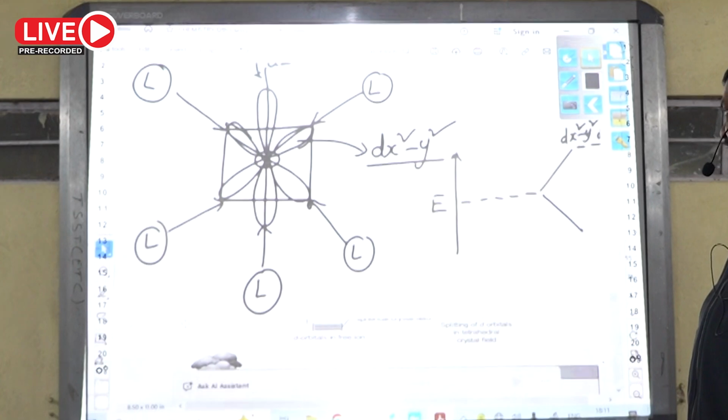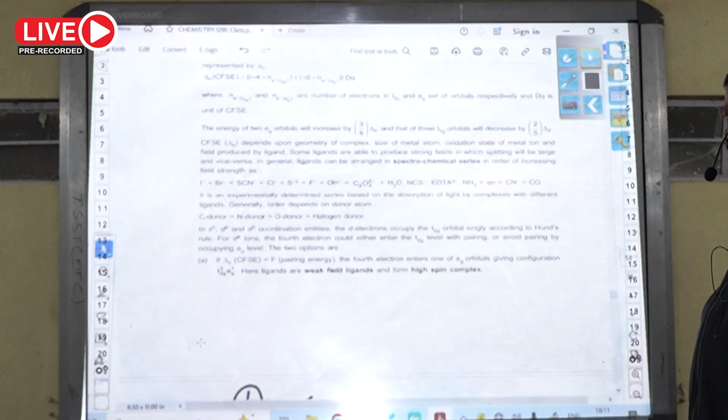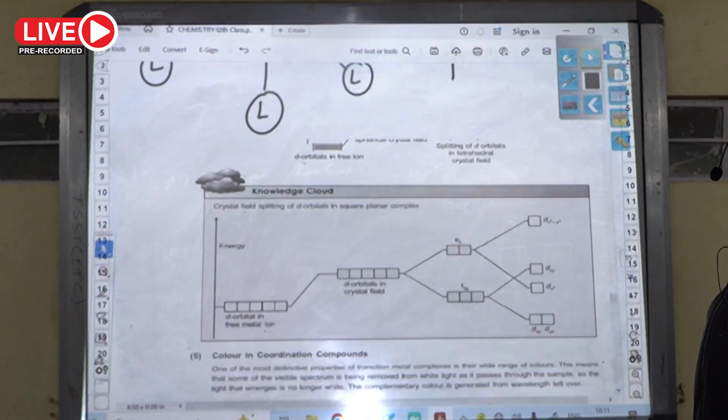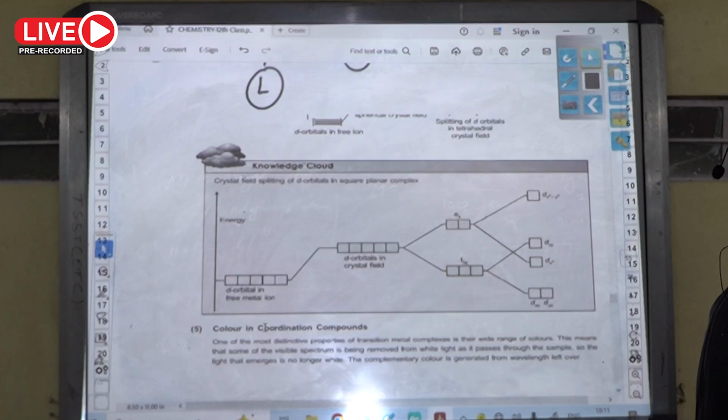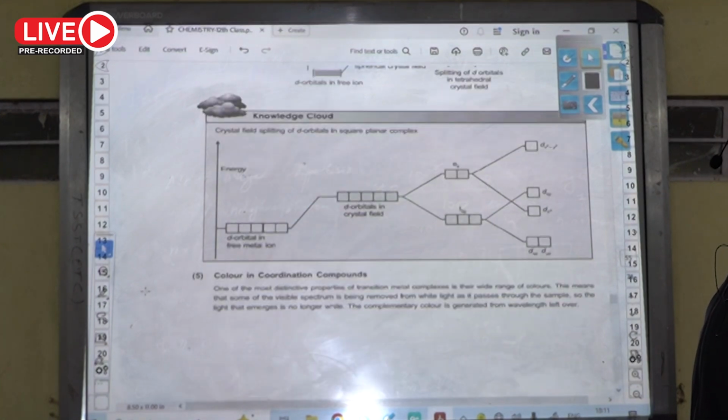Okay, now coming back. You write this one also. Crystal field splitting of d orbitals in square planar complex.